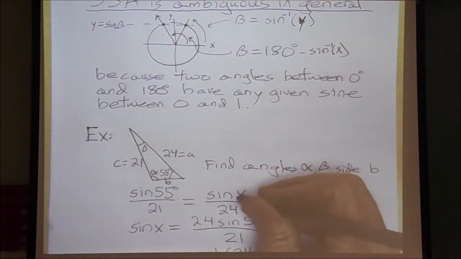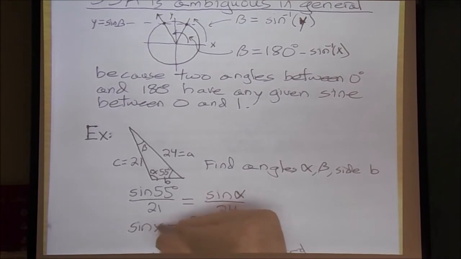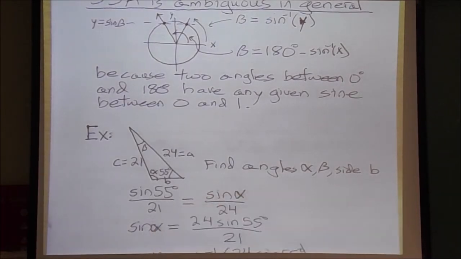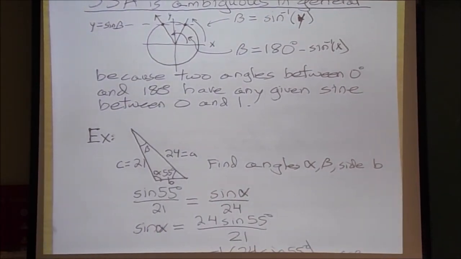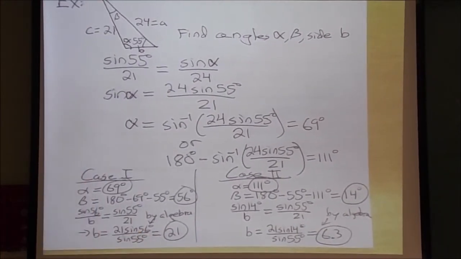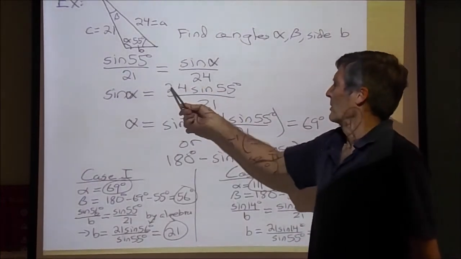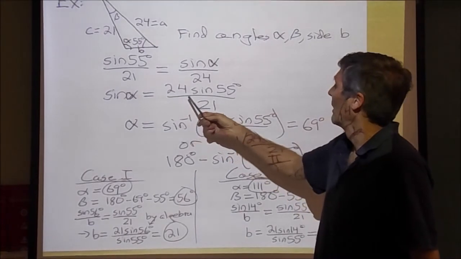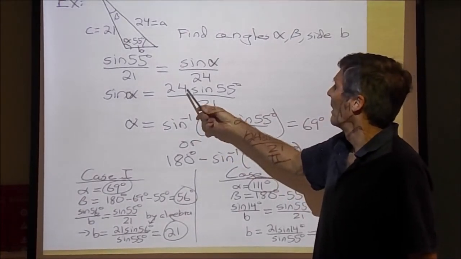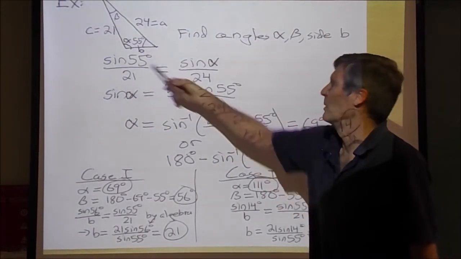Sine alpha. And now, that means that sine alpha, just by algebra, how about multiplying by 24? Sine alpha is 24 sine 55 over 21.